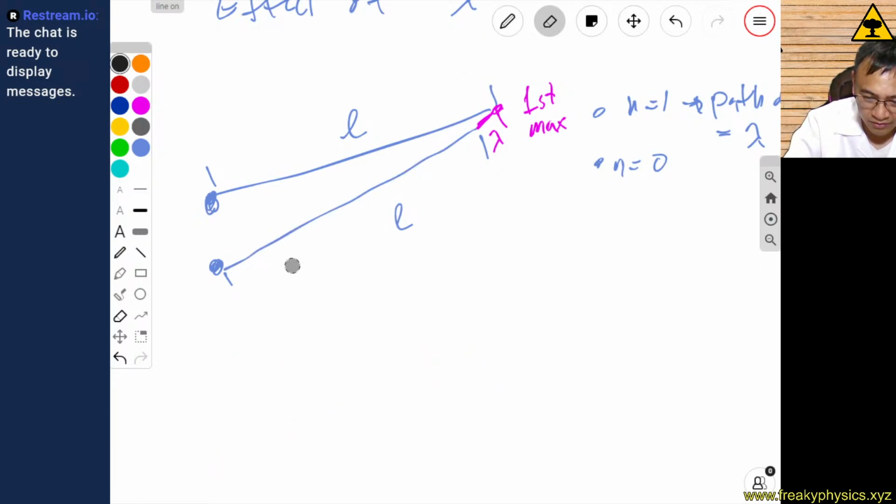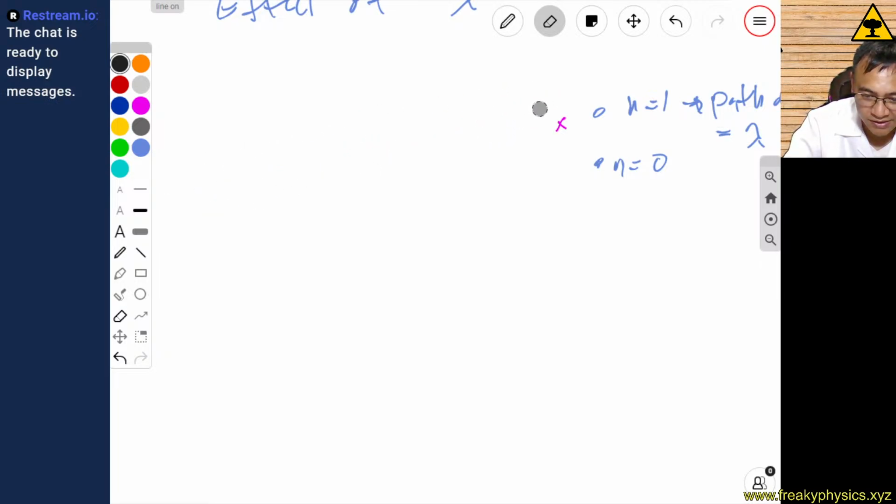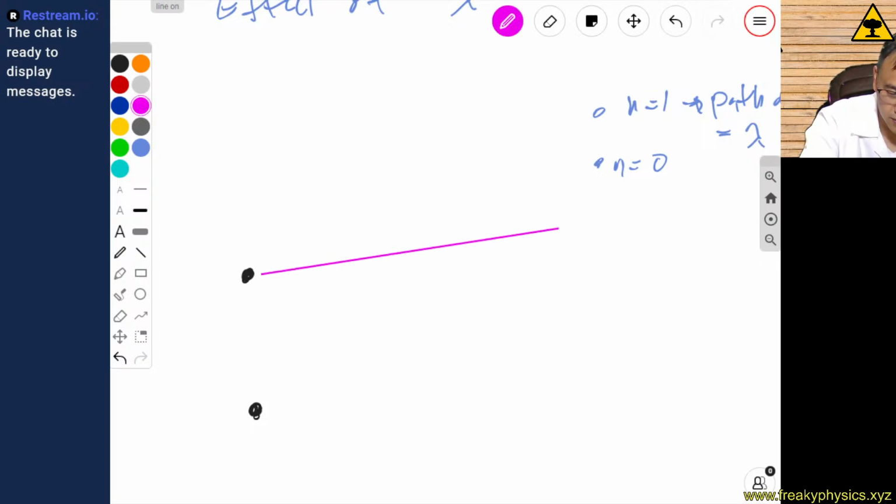And this time around, I'm going to do this on one set of slits. So I'm going to draw my slits here first. Okay, so let's draw these as the slits. Now we're going to draw a straight line first. Let's say the first straight line goes somewhat like this, and then the second straight line goes like that.